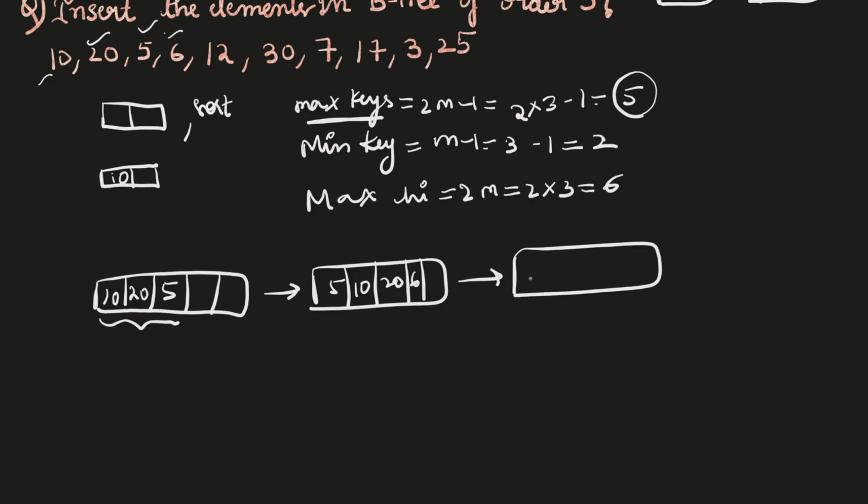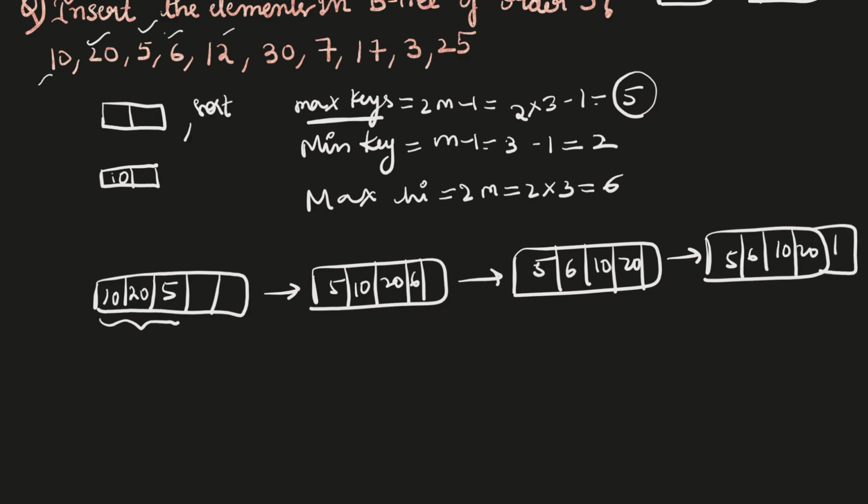So this would come out to be 5, 6, 10, 20. Now the next element to insert is 12. So after inserting 12, we need to again sort the following array. Okay. So now this comes out to be 5, 6, 10, 12 and 20.